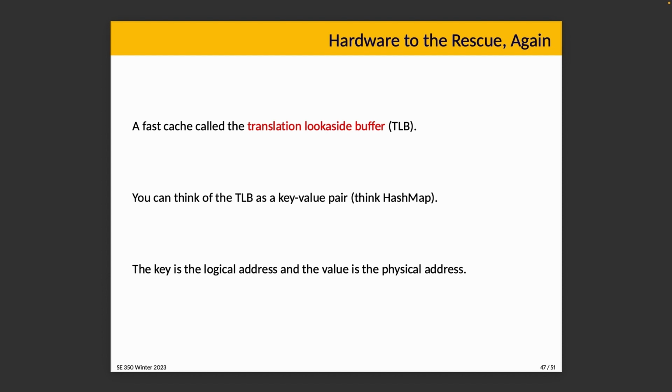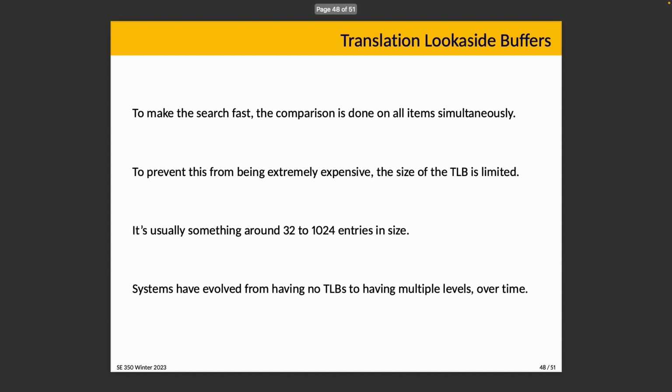and ideally this happens quickly. Now, to prevent this from being absurdly expensive, we're going to have a limited capacity, and we can do the comparison on all items simultaneously, which is part of what makes it fast, because we can implement it in hardware. But our willingness to spend on hardware for the TLB is the limiting factor.